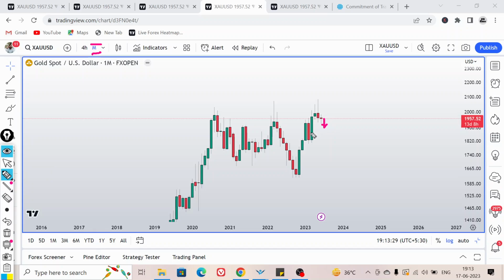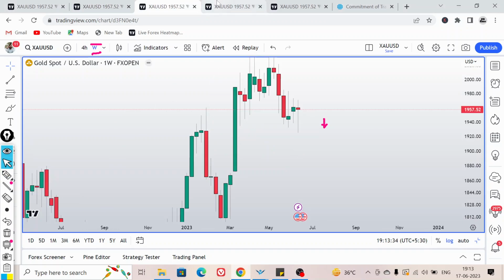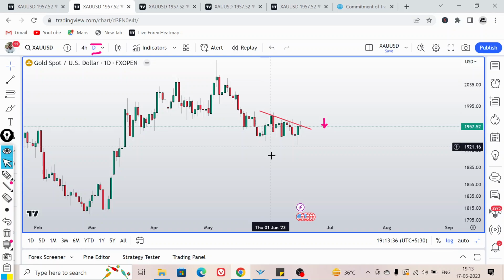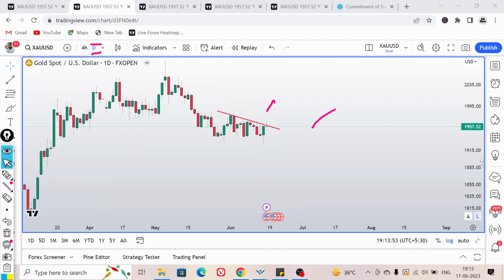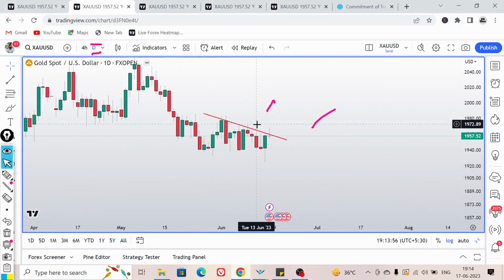monthly candlestick. And if we talk in terms of the daily candlestick chart, this is the daily chart, and you can clearly see that it is facing resistance over this trend line, this red trend line. You can clearly see price is not able to break above this trend line. So clearly price is facing resistance every time price tries to break above this level.